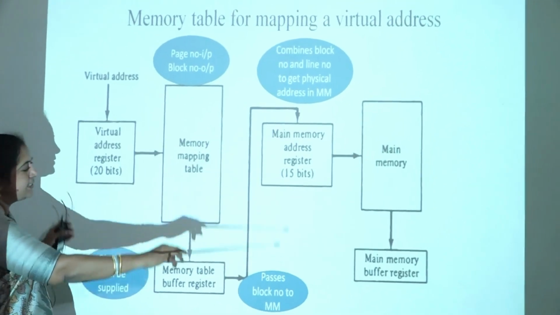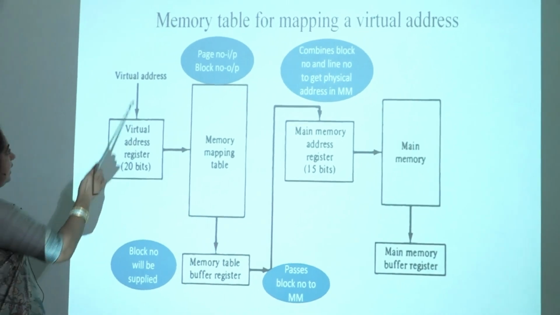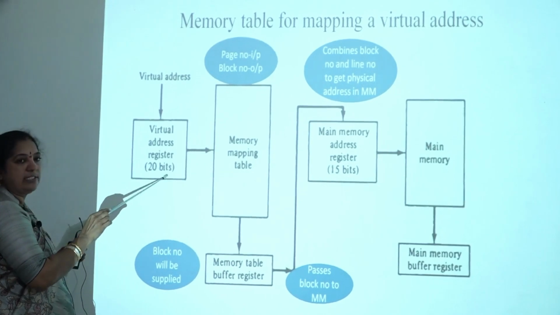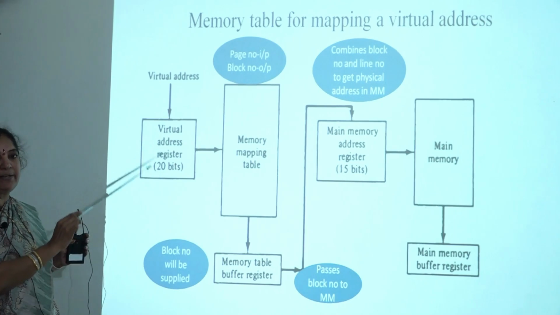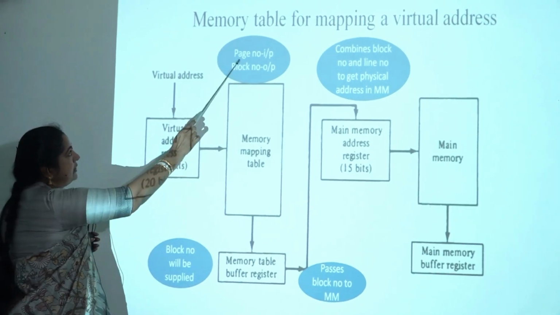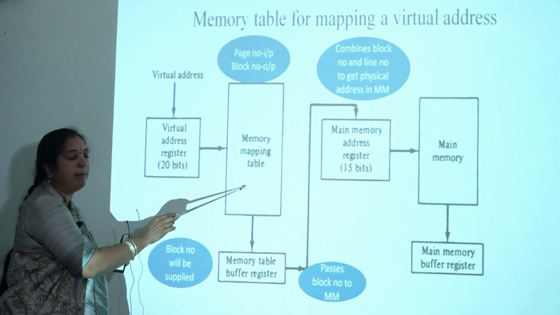This is the block diagram of virtual memory and how it works. Here we have the virtual address register, which consists of 20 bits and contains the address space, that is, the address generated by the CPU. The page number is given as input to the memory mapping table.